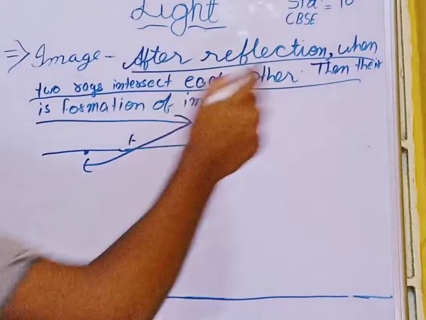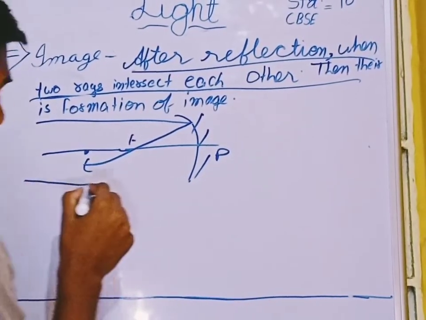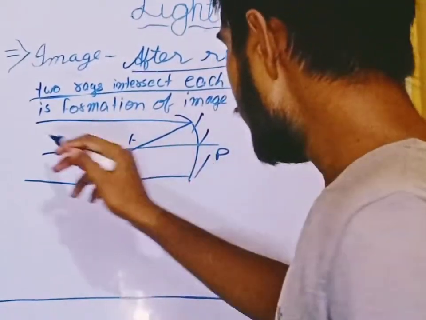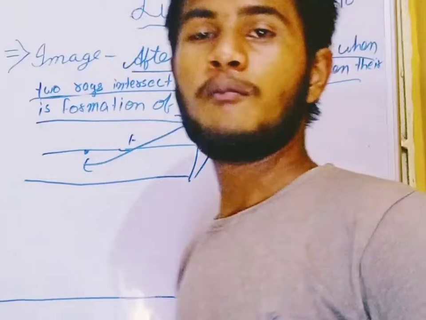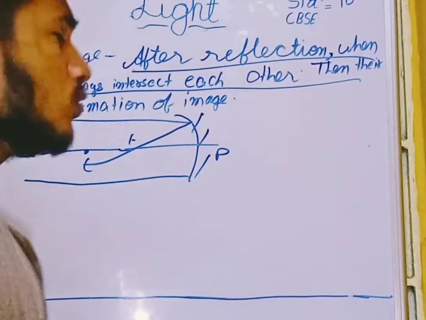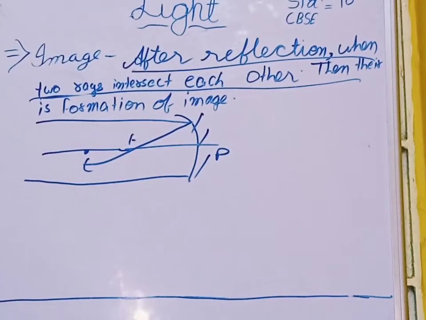And what is it saying here? After reflection, when two rays intersect, it means that here is another ray coming. Infinite rays are coming, but we require only two rays to form the image.